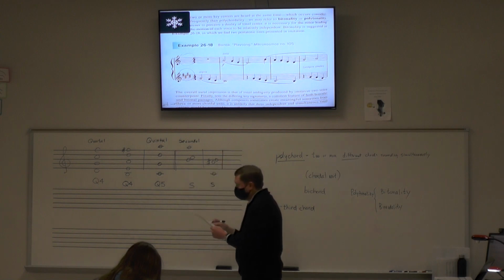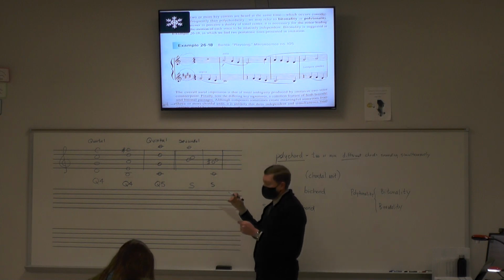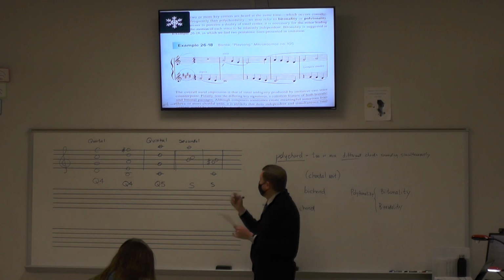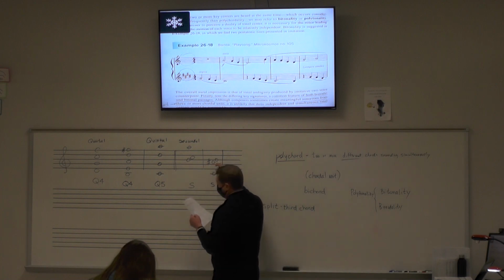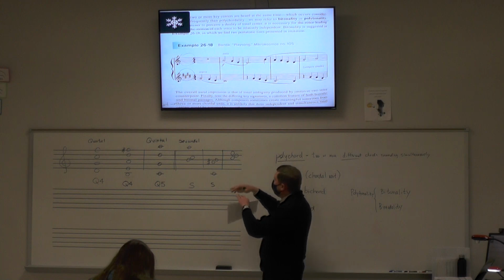The last one I want to show you is, if you have a secundal chord where its pitches are in the closest possible position, that is, if all the pitches are adjacent to each other in second intervals. Let me just do one like this. That's a secundal chord, but do you see how its notes are not spread around?